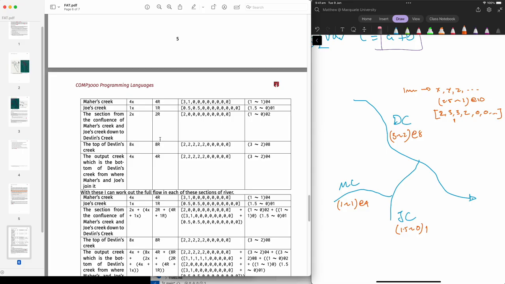And then the bottom of Devlin's Creek, I decided was 3 tilde 2 at 4. So that's got the same shape as the top of Devlin's Creek, but it's smaller. And then the bottom of Joe's Creek was going to be 1 tilde 0 at 2. So again, the water comes in real fast, even faster than it does for Joe's Creek top.